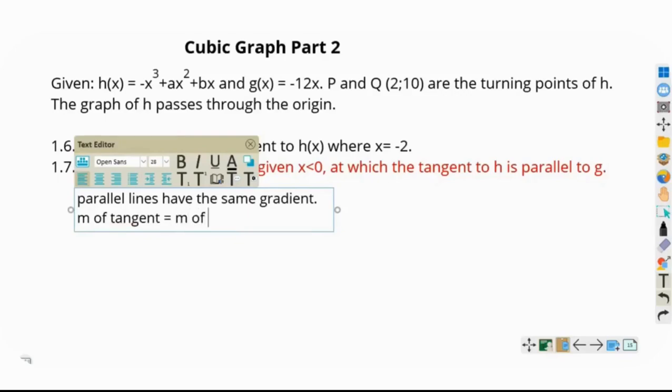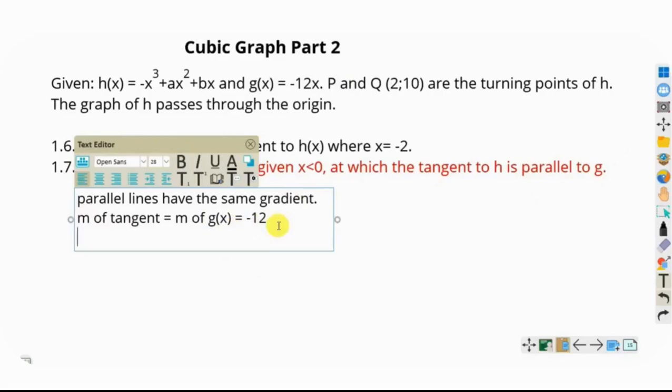And m of the graph of g of x is what? Negative 12. g is a straight line, written in the form y equals mx plus c. c is 0, so there's no term for c. And because the tangent has to be parallel to g, the gradient is the same. Parallel lines have the same gradient.